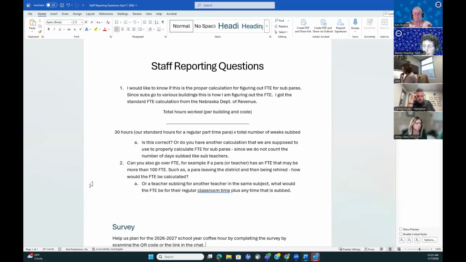Then she asks, what about a para leaving the district and then being rehired? If a para, or any person, is leaving, or maybe they're changing role assignments in the middle of the school year, you're going to go back into the staff reporting and put end dates, just like you would for a student who left the district or transferred grades.